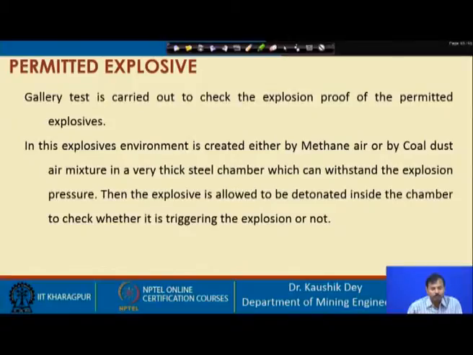The gallery test is carried out to check the explosion proof of the permitted explosive. In this case, an explosive environment is created, either by a methane air or by a coal dust air mixture, in a very thick steel chamber.